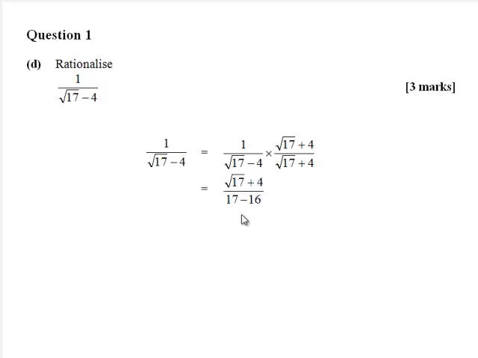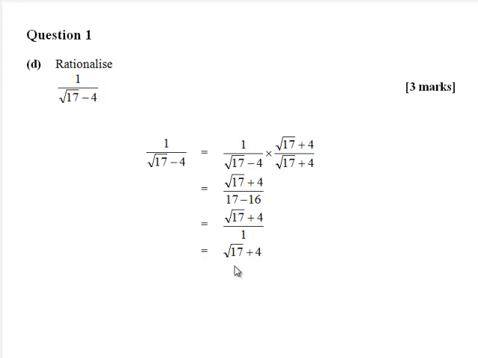Well, if I expand that, root 17 times root 17 is going to give me 17. Minus 4 times plus 4 is going to give me minus 16. 17 minus 16 is 1. So I've got root 17 plus 4 over 1. And obviously anything over 1 is the same, so we don't need the 1.